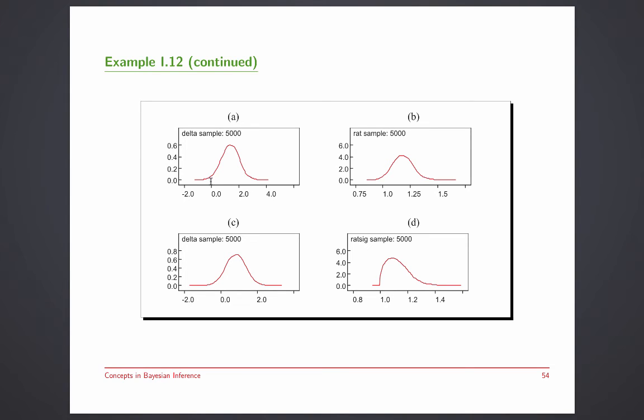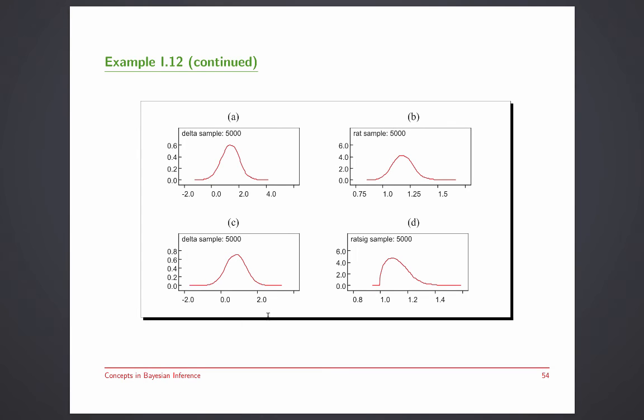What we can see is that the posterior probability that delta, the difference, is positive is very large. Indeed, the area under the curve for the delta values larger than 0 is 98%. On the right-hand side, we look at our posterior belief for the ratio mu1 over mu2. Again, we see that this ratio is much larger than 1.